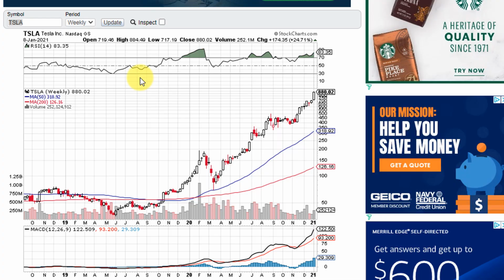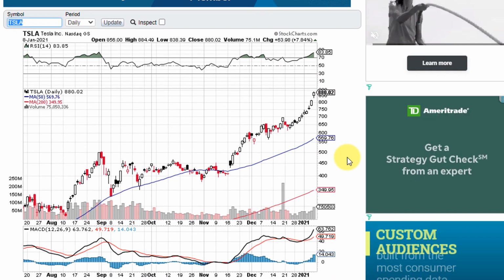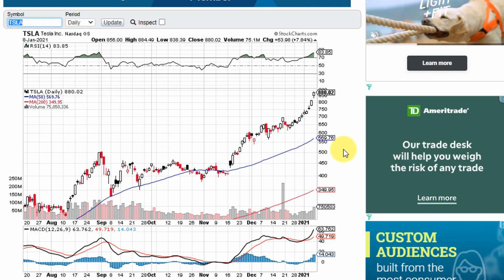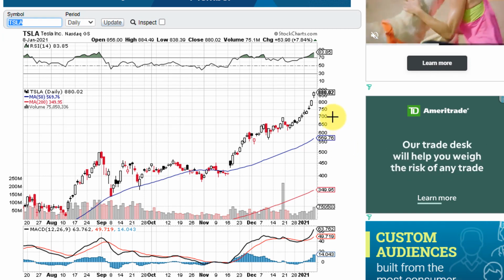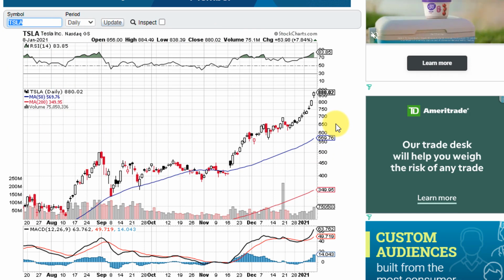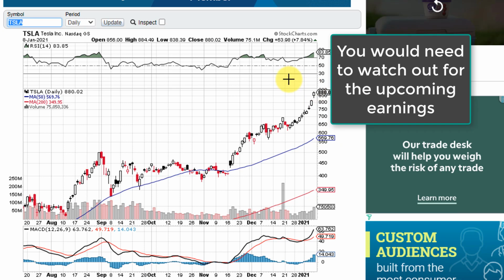So if you're looking at this Tesla chart and you're saying, okay, the weekly RSI is 83 and the daily is also 83, and you want to short this thing, good luck to you. It hasn't worked all year. It's been an absolute missile to the upside. But from a short-term opinion, I would actually be okay with the risk reward for a short-term downside trade here, just because we're at crazy elevated levels on a short-term basis.